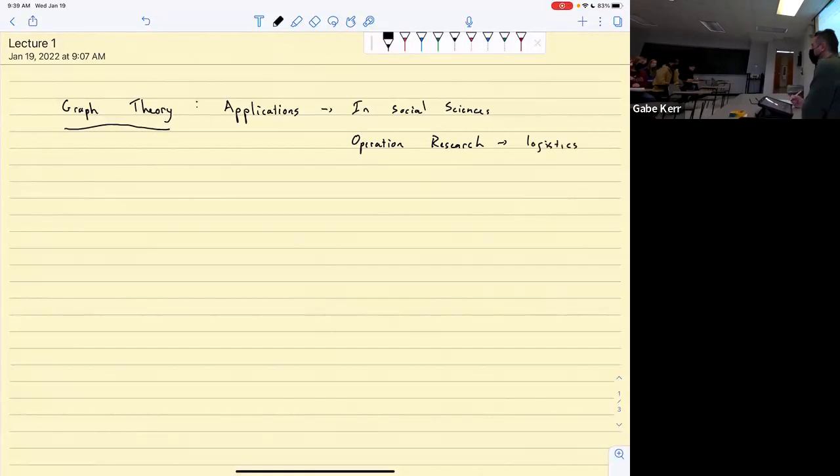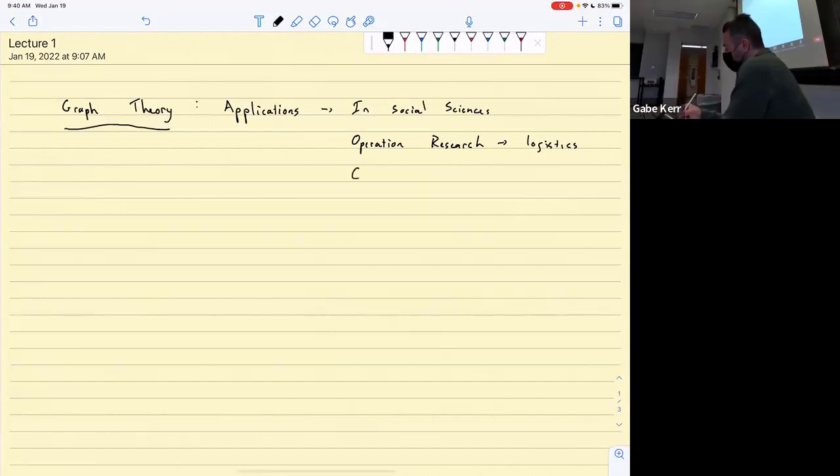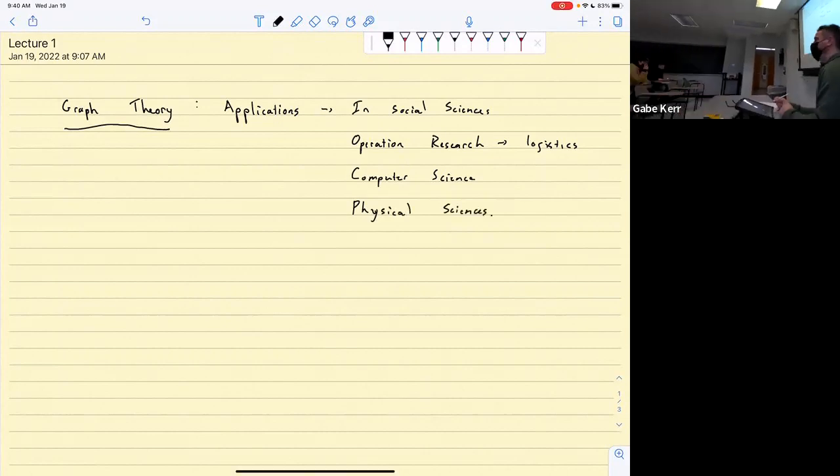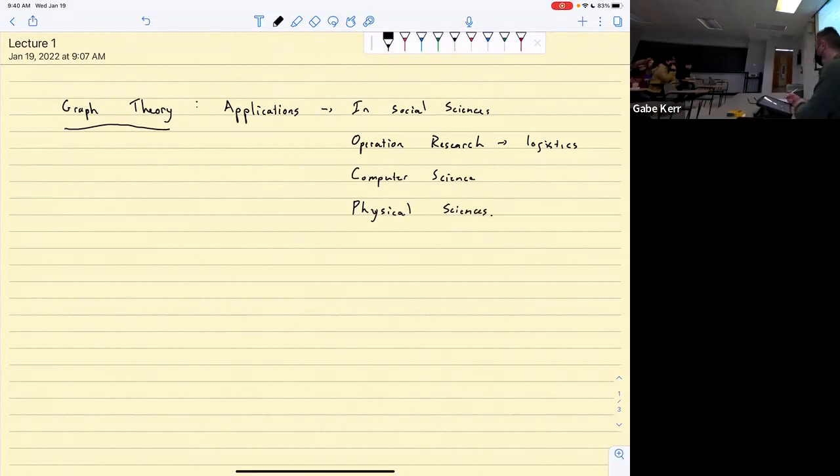If you're running a business, using graphs can help with this. Computer science is indispensable. If any of you are interested in programming or computer science, graph theory is all over the place there. But other sciences as well, like biology, chemistry, even theoretical physics, has some graph theory present.